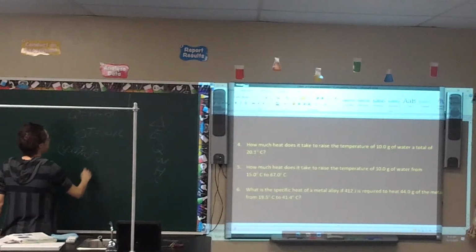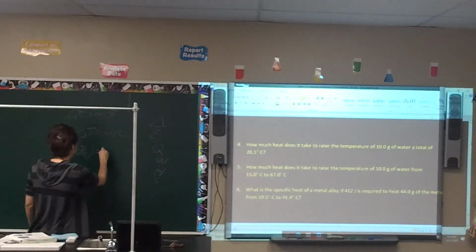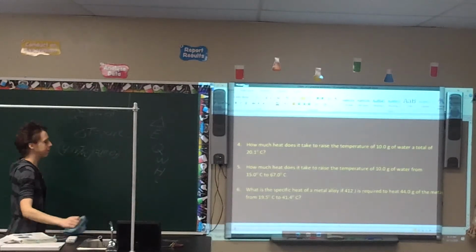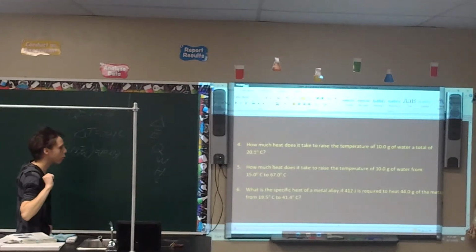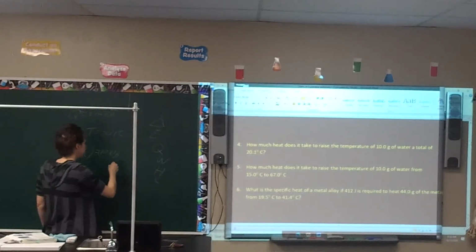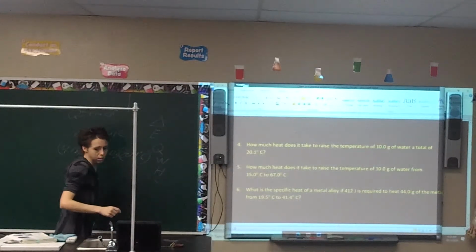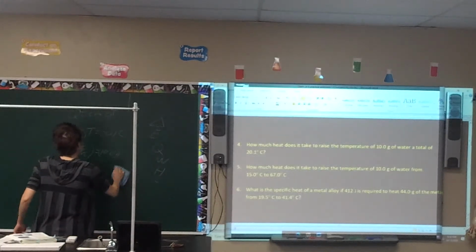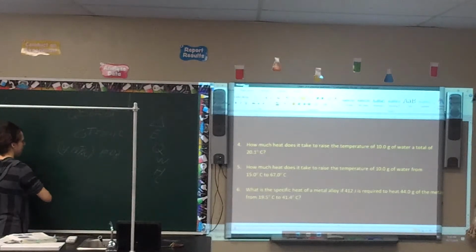The specific heat of water, what's the mass in this particular example? 10. I never leave enough room. So 10 grams of water, and then the temperature change is 20.1 degrees Celsius.